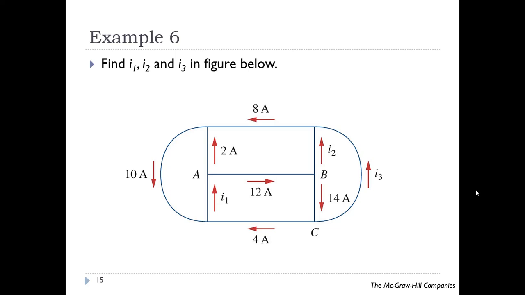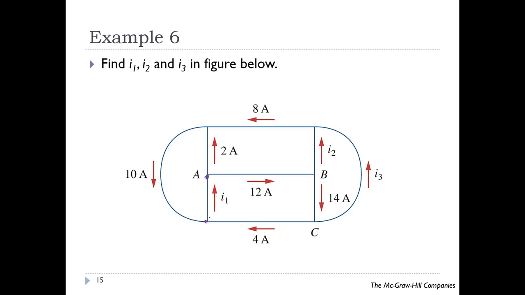In this example, you were asked to find currents I1, I2, and I3. Current I1 is here. Where to find current I1? You can choose the lower node or the upper node. Okay, so it's up to you.